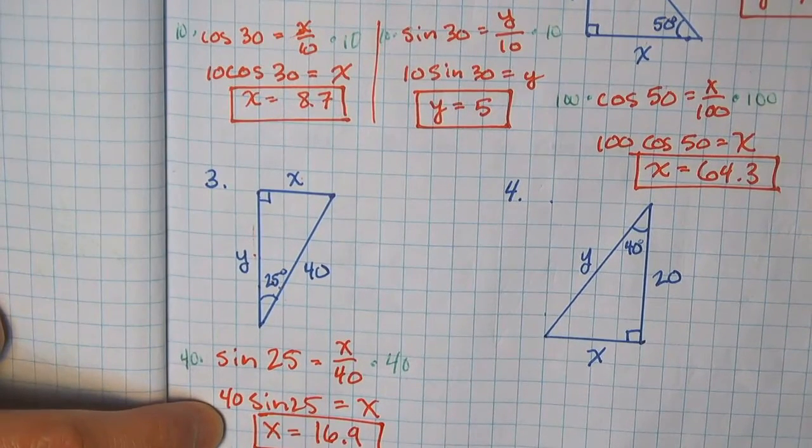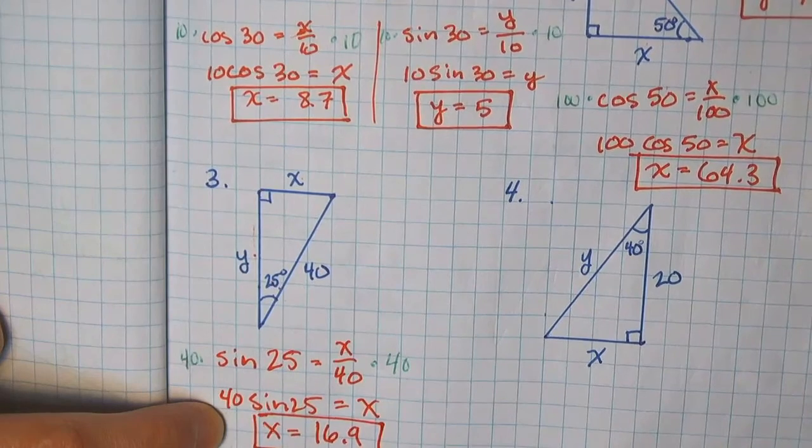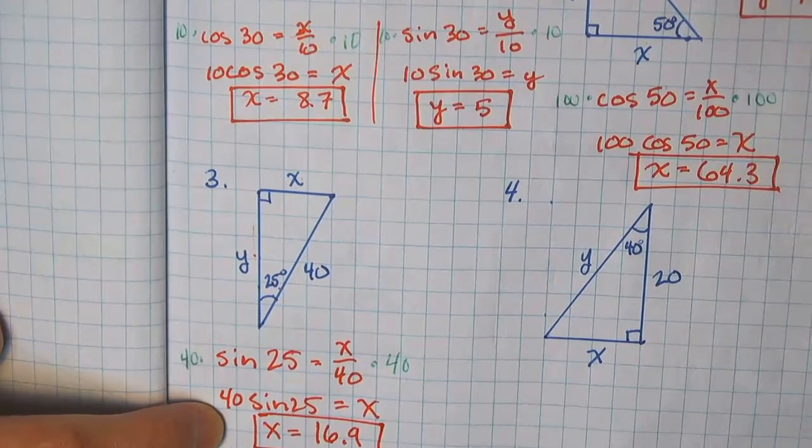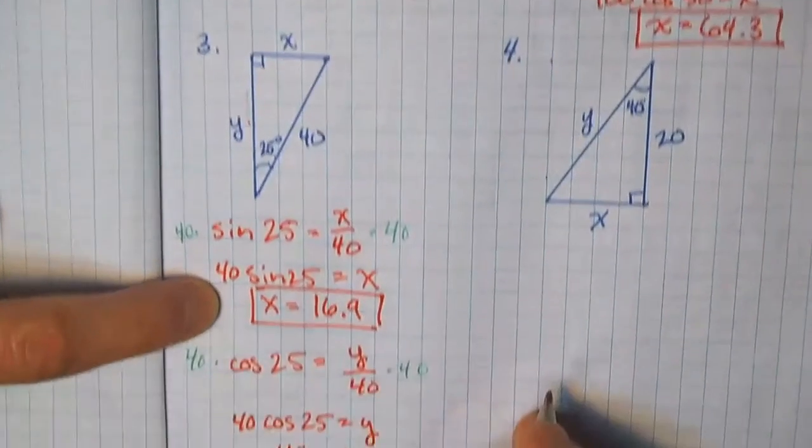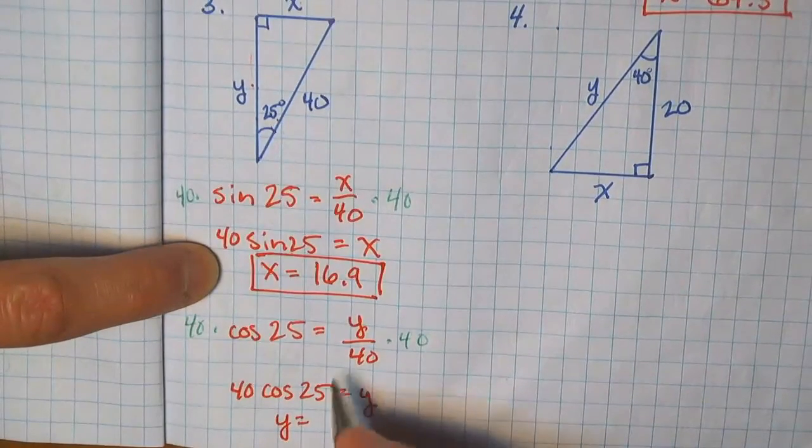And that's going to give you 40 cosine 25 is equal to y. 40 times cosine 25, it's going to be 36.3. Oh, sorry, fell off the paper. 36.3.